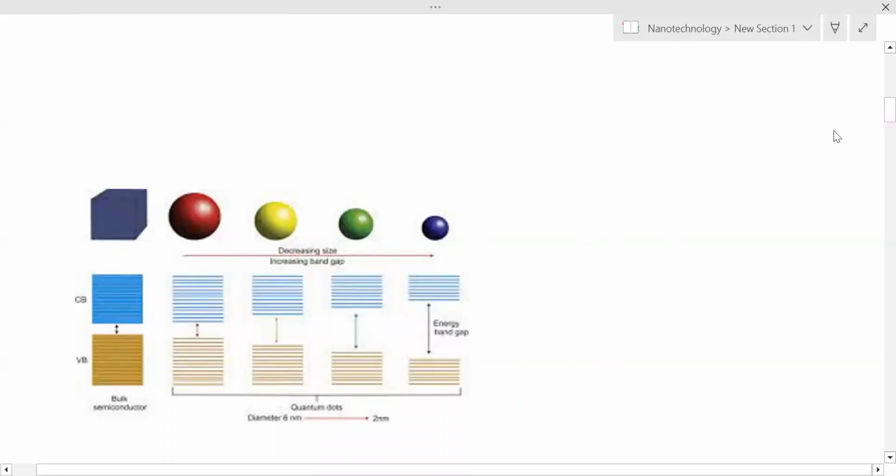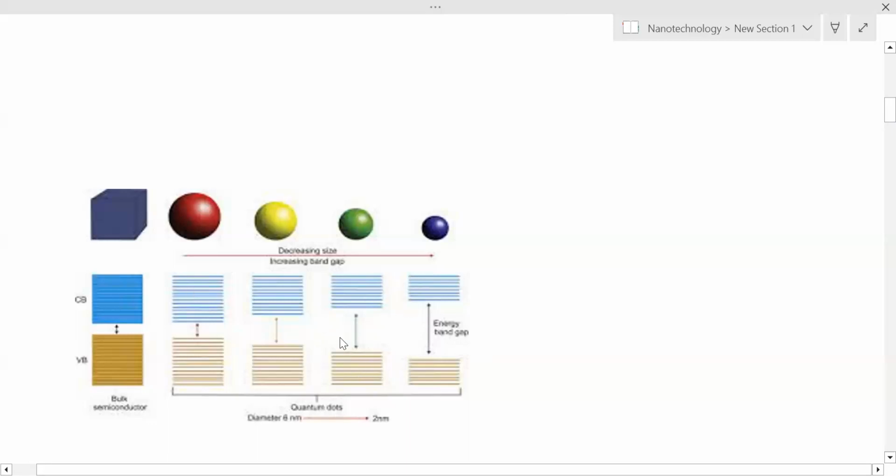But when we reduce the size of the material into the nanoscale, its properties change, like the band gap. If you look at this figure, this is the band gap for a bulk semiconductor, and as we decrease the size into the nanoscale, the energy band gap keeps increasing. From 6 nanometers to 2 nanometers, the band gap increases rapidly with the decrease in size.